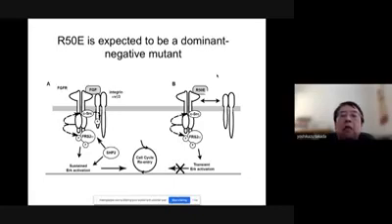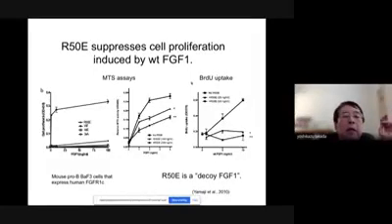Dominant negative means, by definition, this mutant can compete with wild type and suppress wild type signaling function. So is that really true? Next slide here. This is a cell proliferation assay.